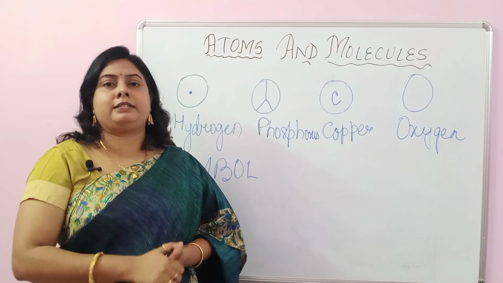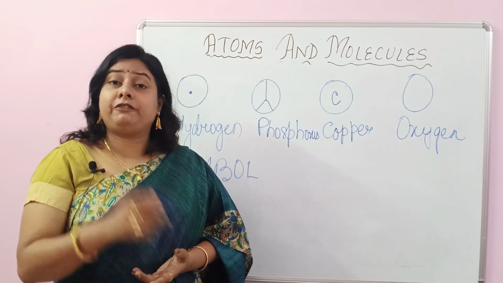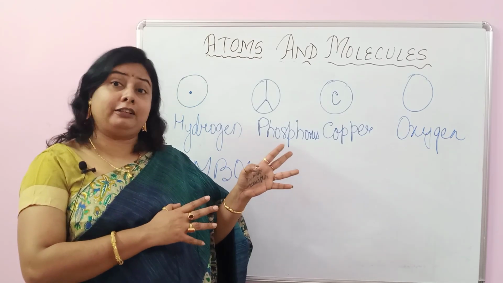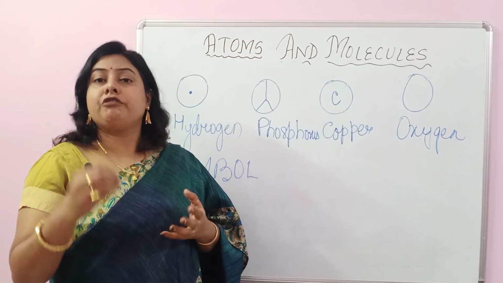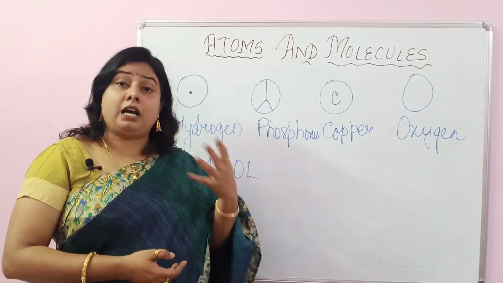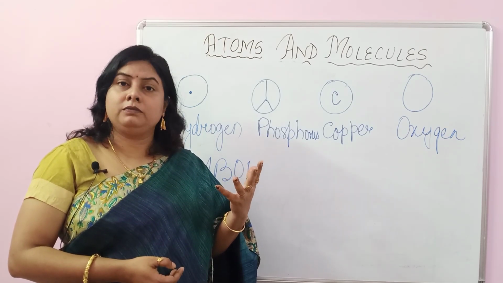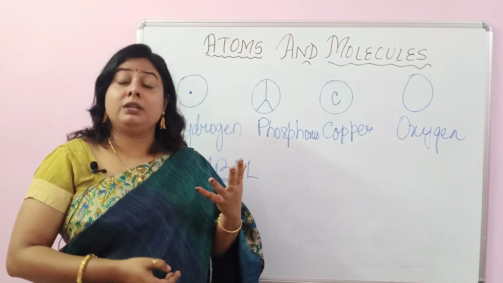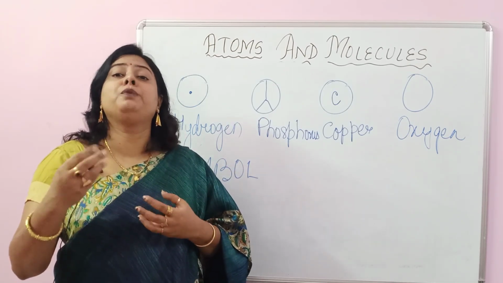The first letter is taken as the symbol, and if that first letter is already taken for some other element, the first and the second letter from the name are taken as the symbol. Say carbon is C, but copper is Cu. This Cu comes from the Latin name of copper, cuprum.